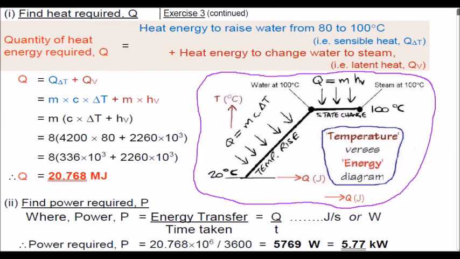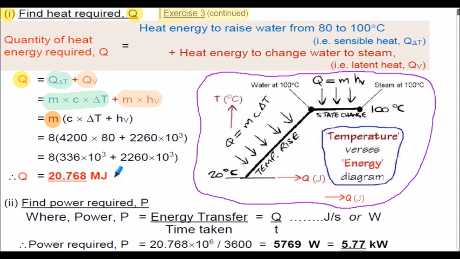And here's exercise 3 continued. Firstly, to find the heat energy, Q is equal to the heat energy to change the temperature of the water added to the heat energy to change the state from water to steam. Just notice in this solution I've actually factorized on the mass M here. So just a slightly different layout to that used in example 1.